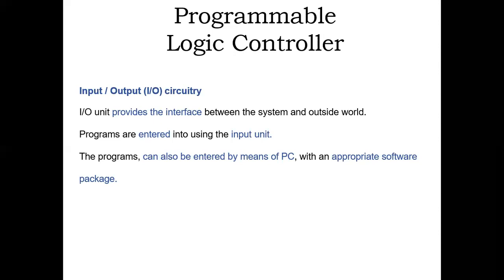With a PLC we can use many kinds of power supply in real-time applications. But a microprocessor uses 15 volts, 12 volts like that, whereas in a PLC we can use 230 volts. Then the program is also simple, for logic operations only, such as AND, OR, NOT like that.